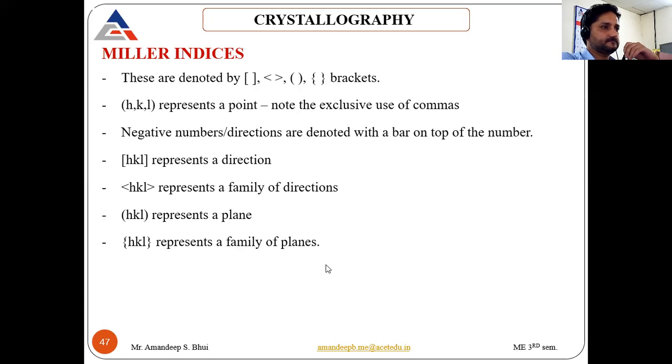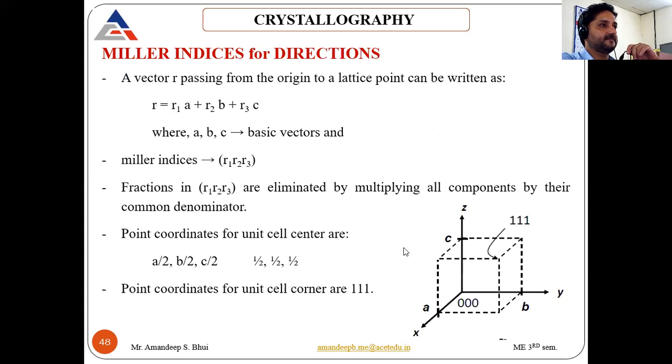Okay. So we can have a simple direction, and then we have family of directions. We have a simple plane, and then we have family of planes that can be described by the Miller indices. Okay, the first, if we take into consideration, is Miller indices for directions here.